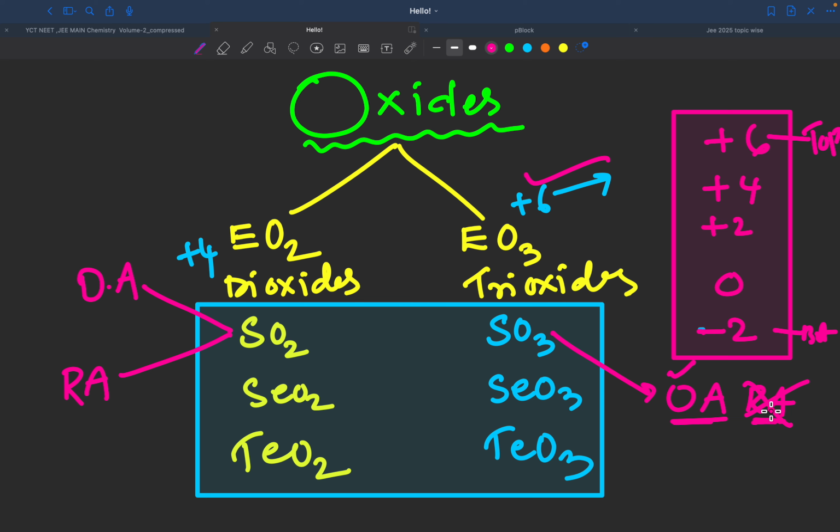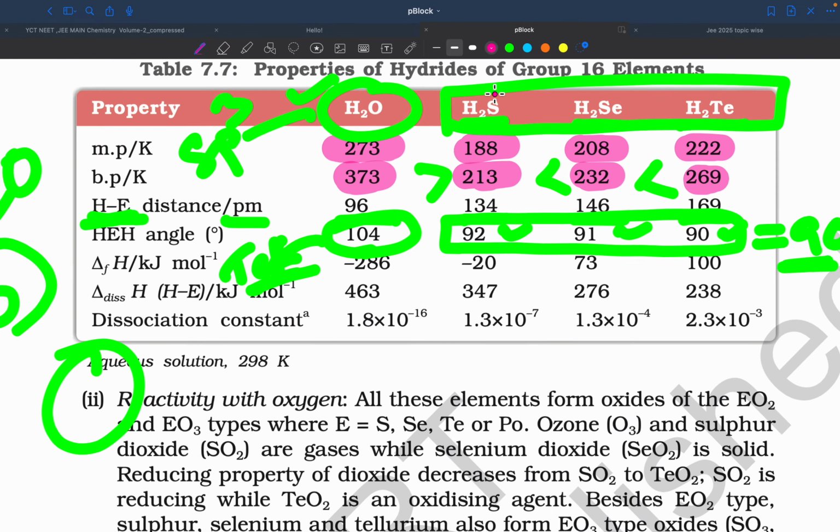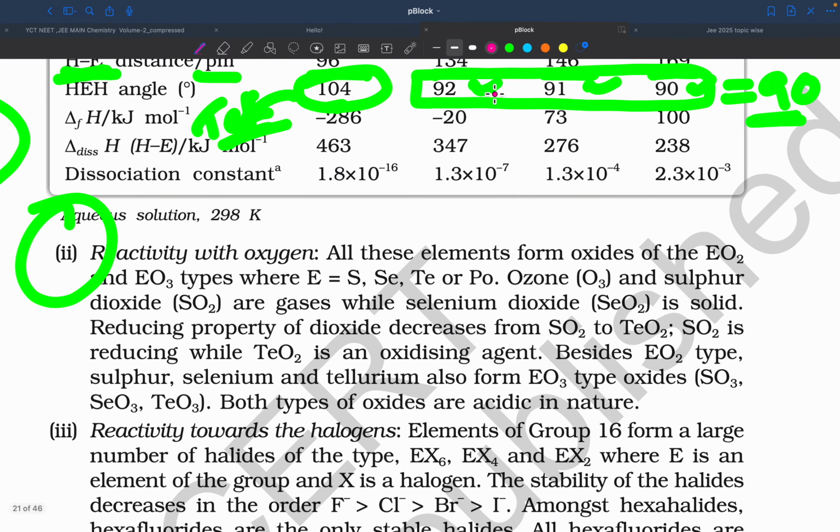So that's why it cannot lose any more electrons at all. So that's why it cannot be a reducing agent, it can only be an oxidizing agent. But these oxides are oxidizing agents as well as reducing agents, right? So only oxidizing, reducing property, and we'll discuss about these oxides also here, right?